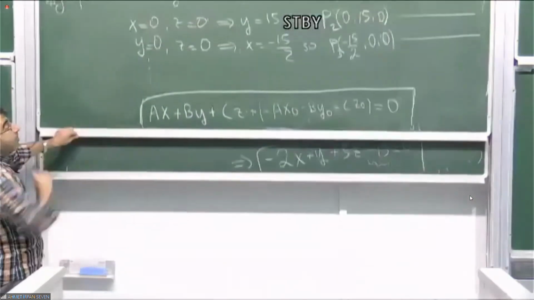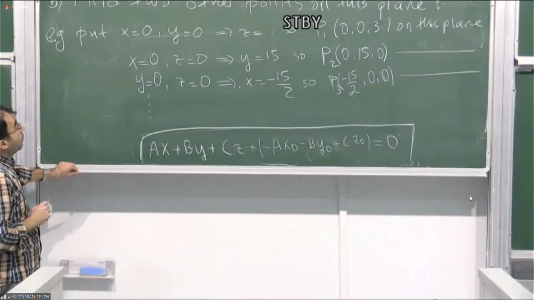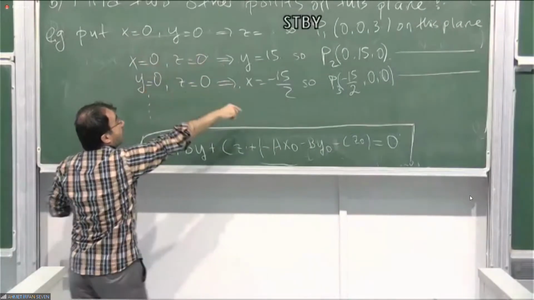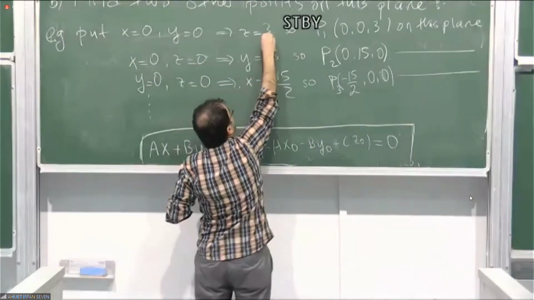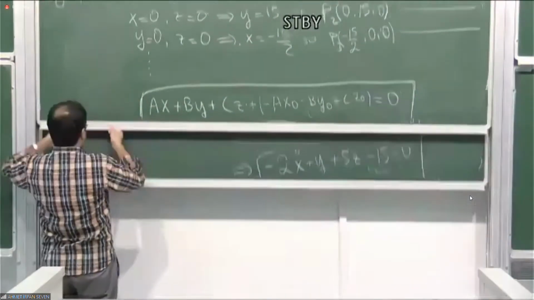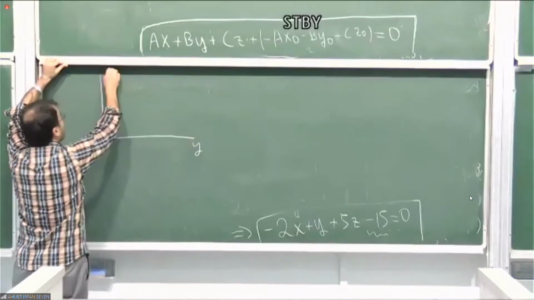So let's locate these points. So when x is 0, y is 0, z is 3, meaning that the point 0, 0, 3 is on this plane. So where is this point on this picture? On the coordinate system, x, y, z.